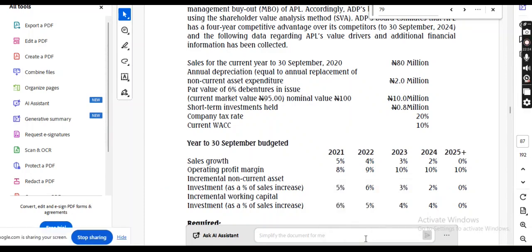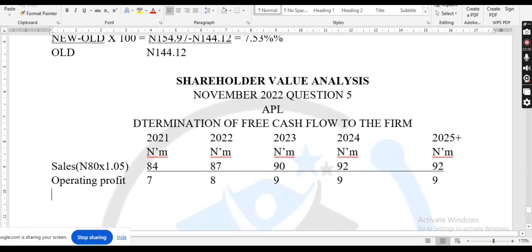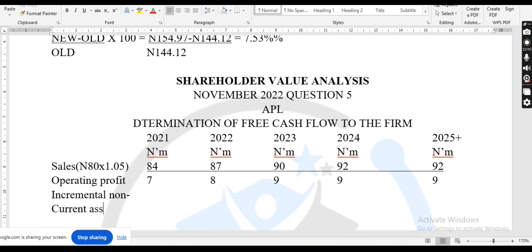Please pay attention to this part, right? So I don't want to do the working, so I want to believe that we've been doing free cash flow since, right? So incremental non-current assets, right?